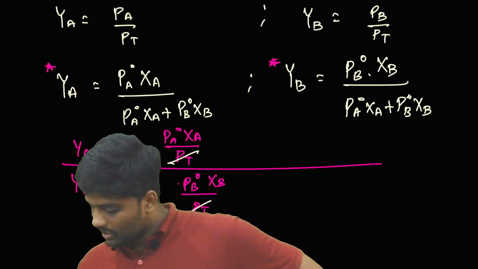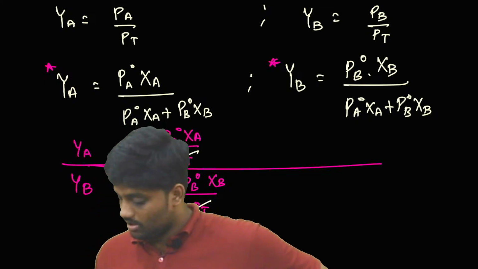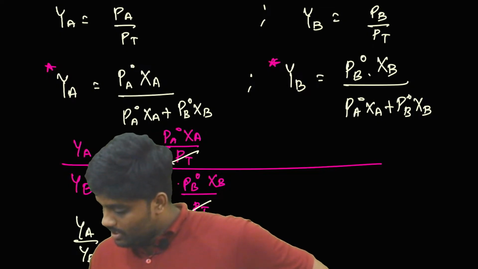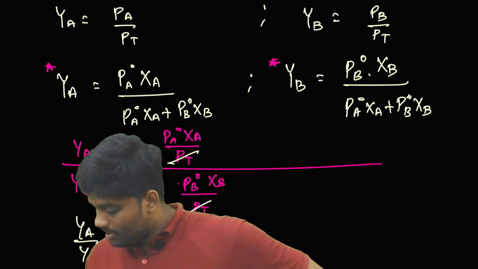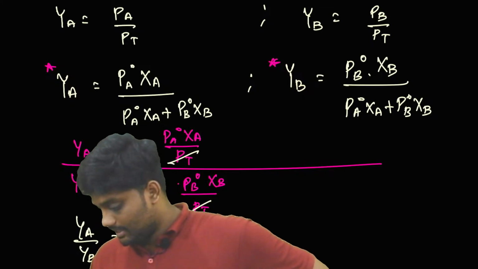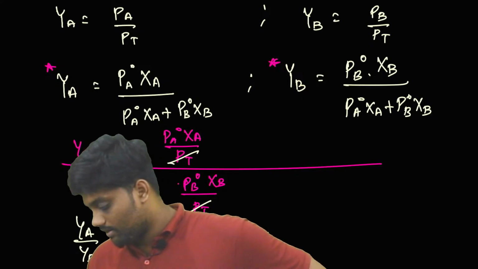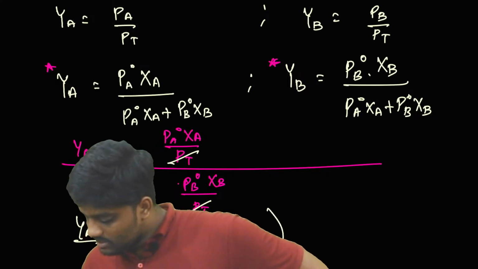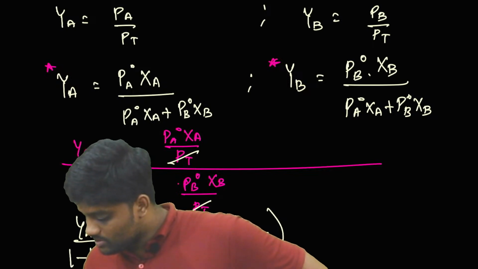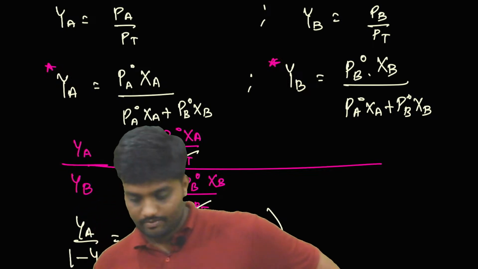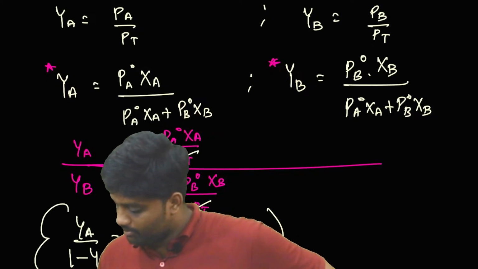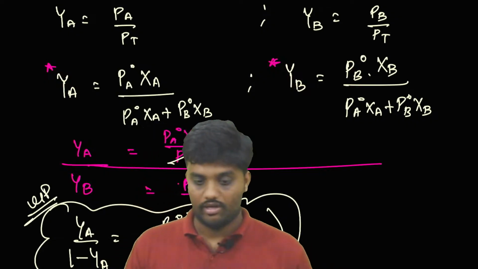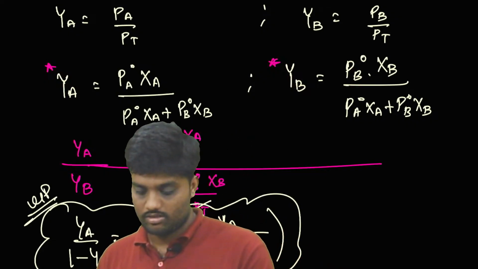You are left with Ya upon Yb is equal to Pa naught upon Pb naught. I can write psi a upon 1 minus psi a. In place of Yb, it is also a mole fraction, so I can write 1 minus Ya. Very important.